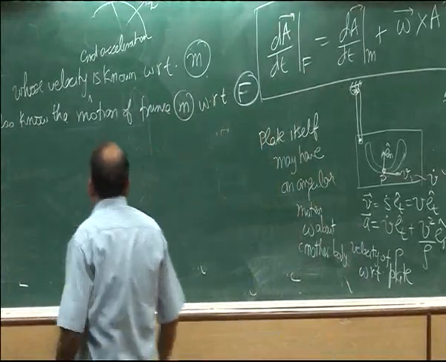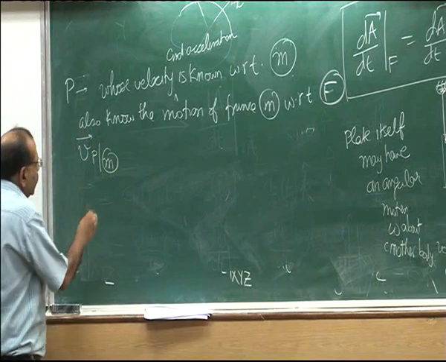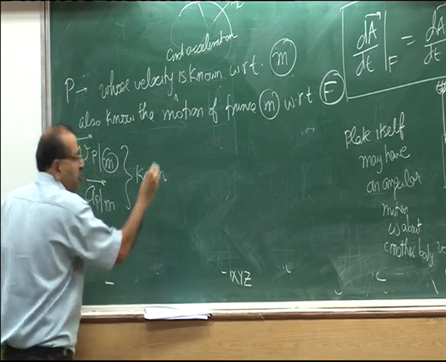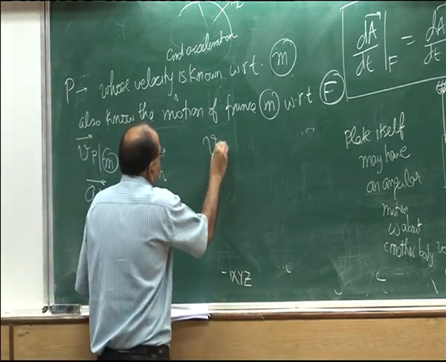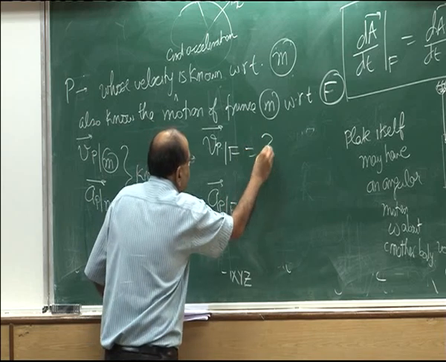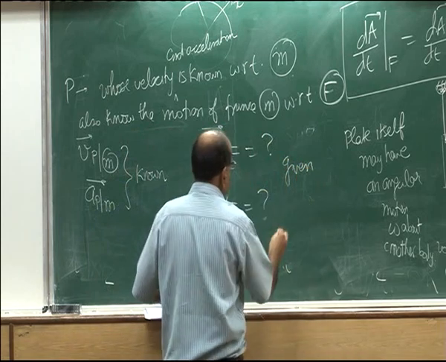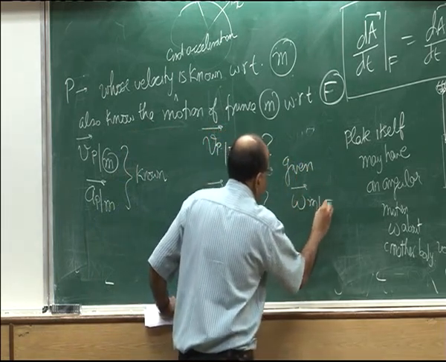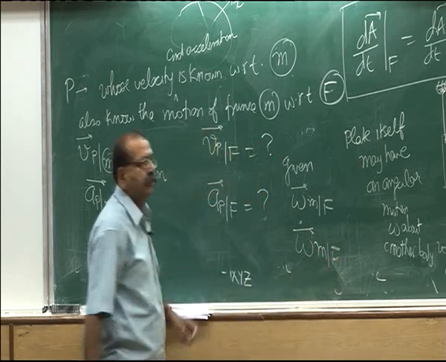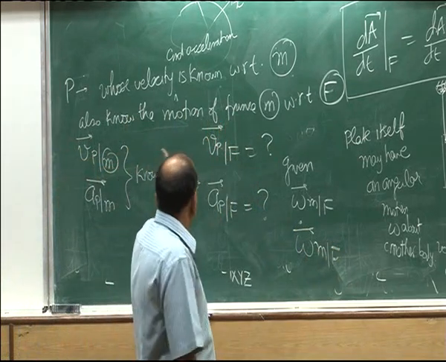So now what we want to find out is, if you know velocity of P with respect to m and acceleration of P with respect to m, these two things are known, and we want to find out velocity of P with respect to F, given the general motion of the frame m.